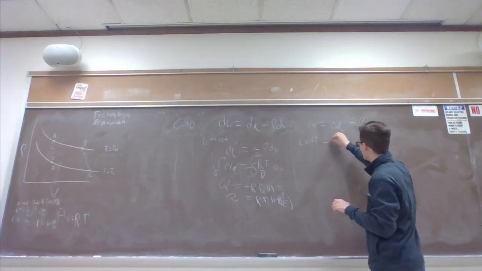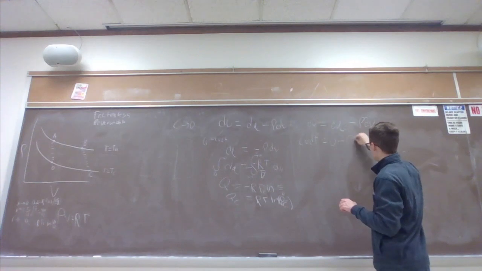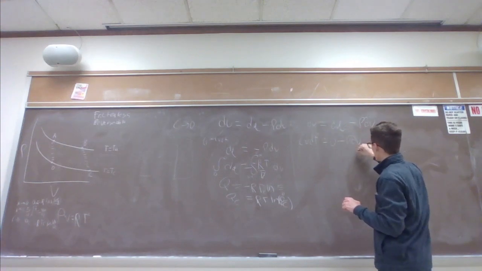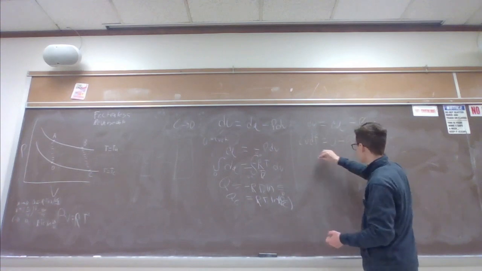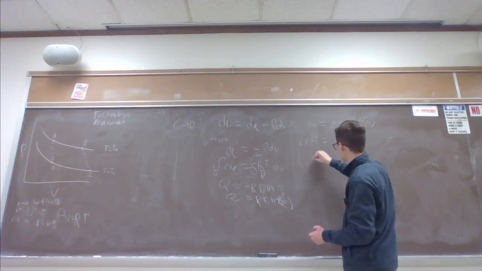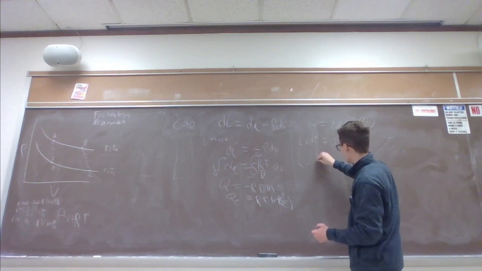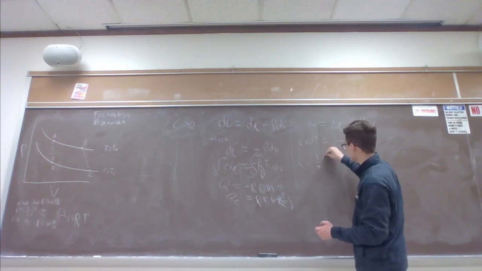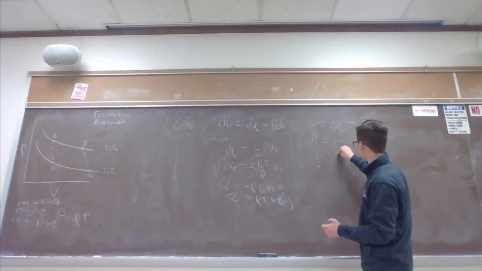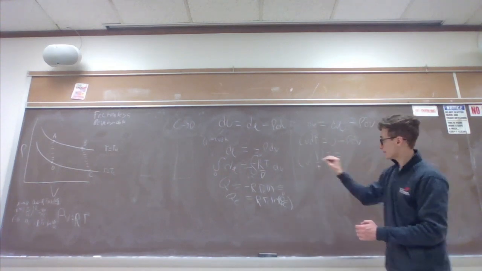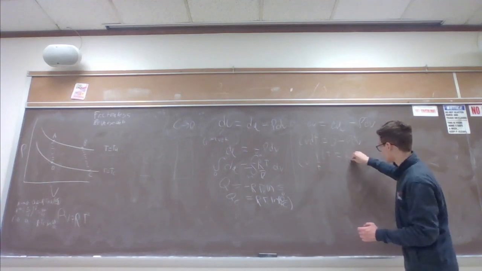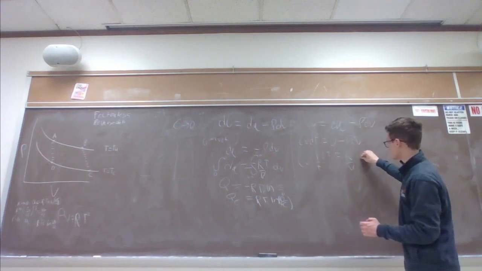So that would then equal 0 with negative PdV. And we know, again, through a lot of practice, PdV equals Cv, and then we're going to do 1 over T dT equals, let's see, it would be R over V dV.